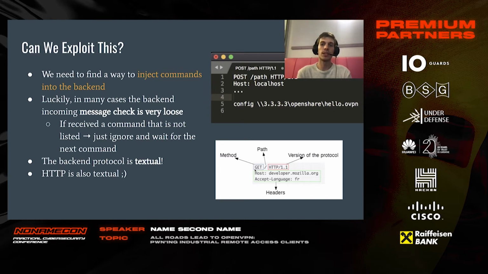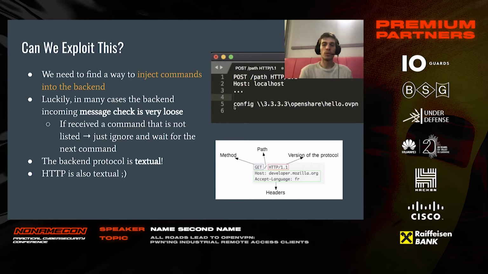And we can see it has a very defined structure. For example, it has the first line, GET, the method, then the path, then the version of the protocol, and then we have a couple of headers. And if we're sending a POST HTTP method, eventually we will reach the data itself.